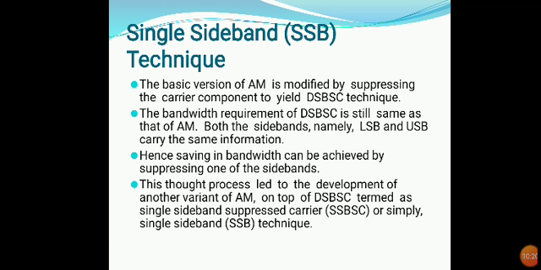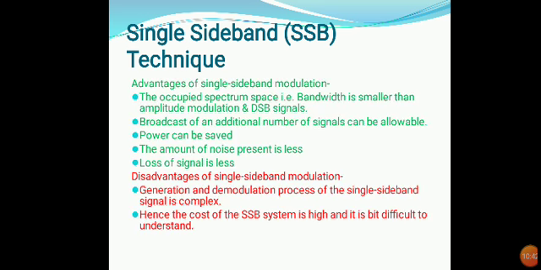So why not suppress the extra sideband as well? If you suppress it, then it becomes a single sideband technique, called the single sideband suppressed carrier technique. The advantages are that its bandwidth is reduced because it is now only fm, and the power can also be saved.